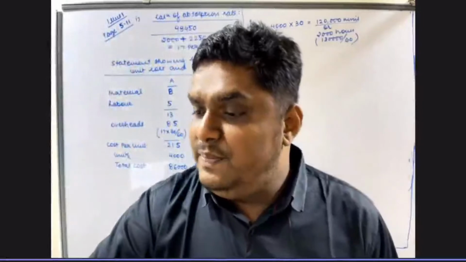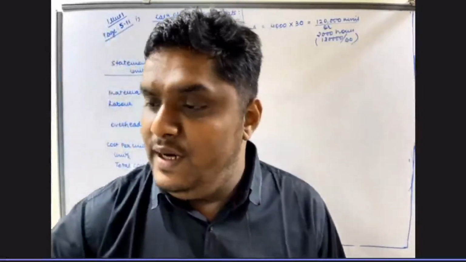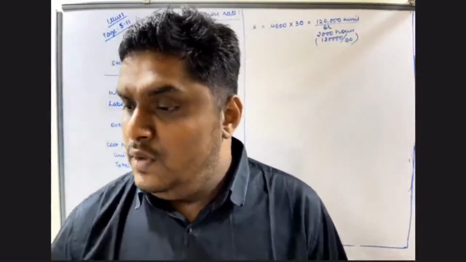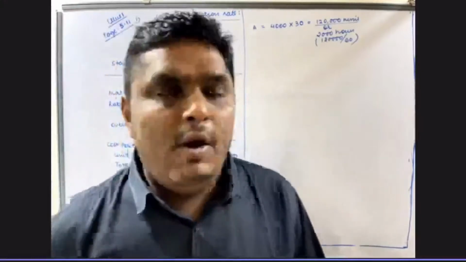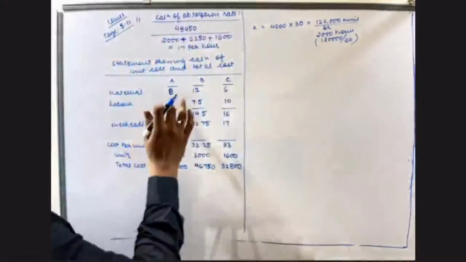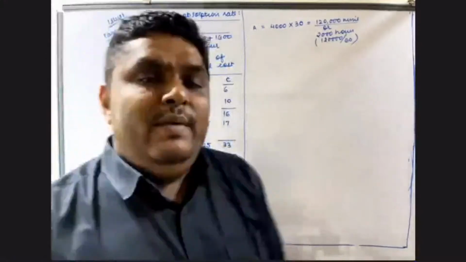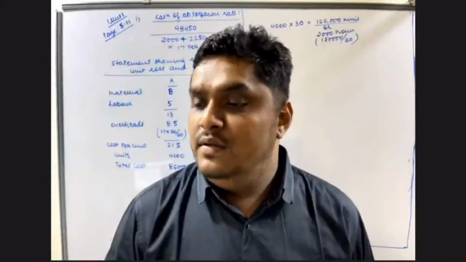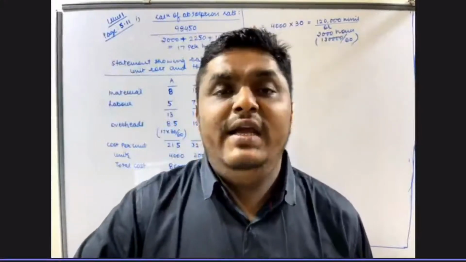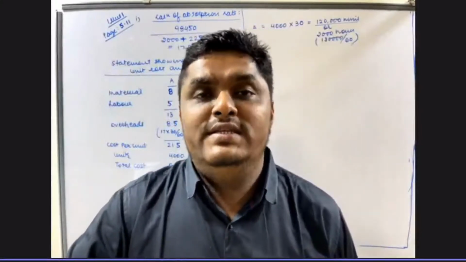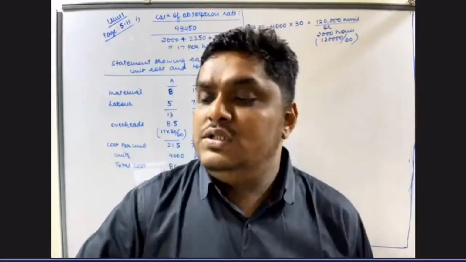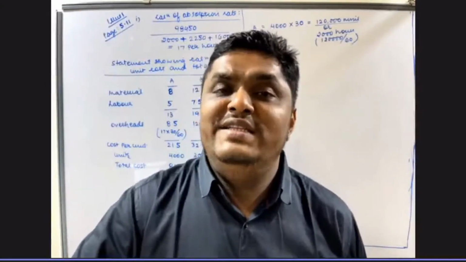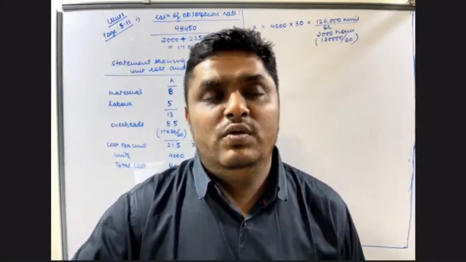Manisha Singh sir, please explain the material and labor amount. So herein, when talking about material, to manufacture product A, it requires 4 kgs. The cost of every kg of raw material is ₹2.